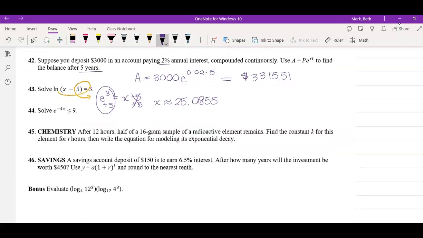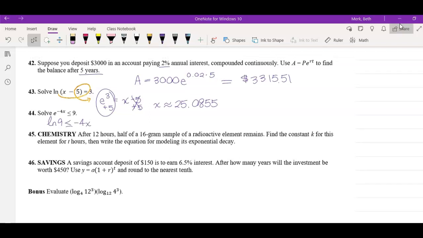Going in reverse, now I want to write this in logarithmic form. The natural log of 9 is less than or equal to negative 4x. One thing we need to be mindful of here, though, is the fact that it's an inequality. So for this problem, it's probably safer to take the natural log of both sides.